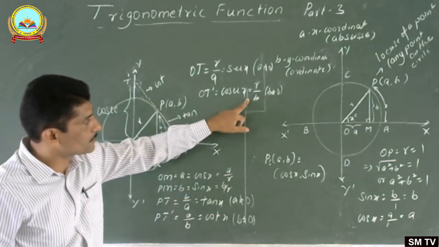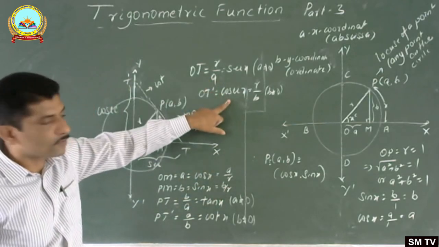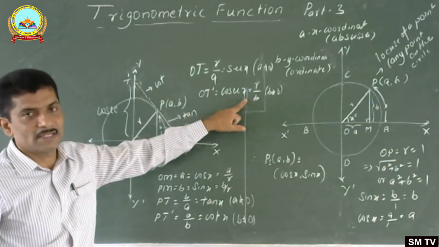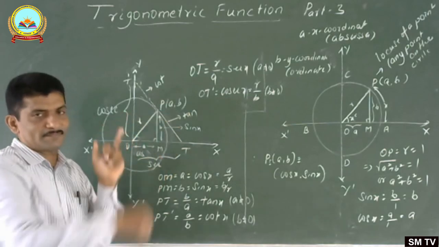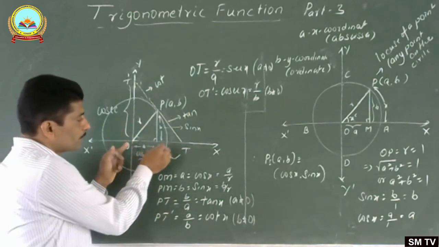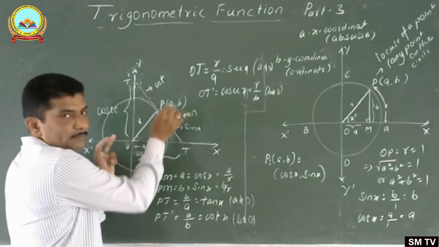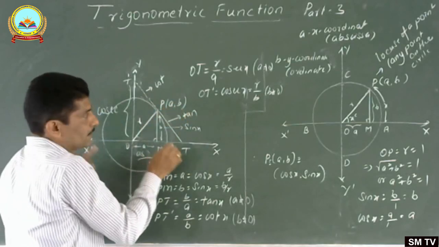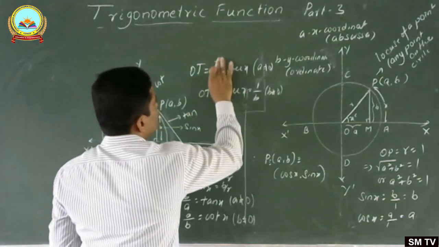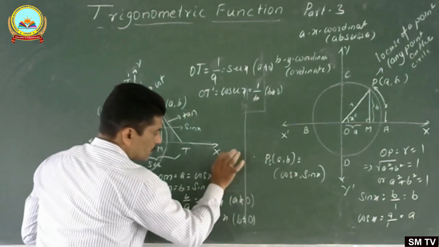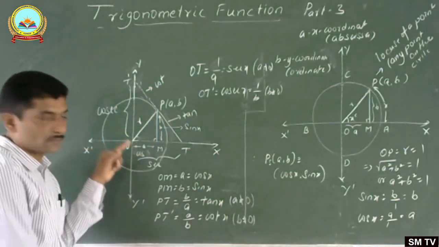Here also b is equal to 0, a is not equal to 0, so cosecant x is not defined. At this point you draw a tangent. Clear? And remember this point is moving along the circle, this point a and b. Assume that this one is a unit circle.